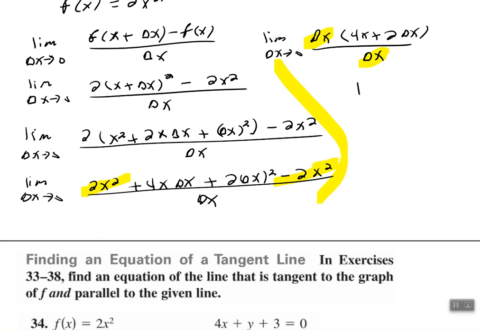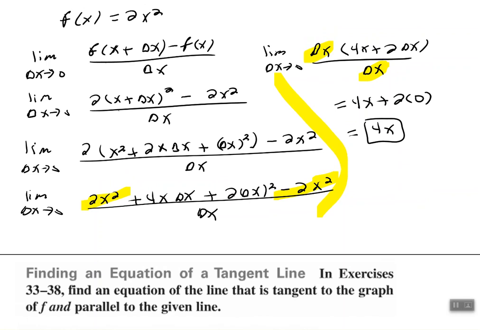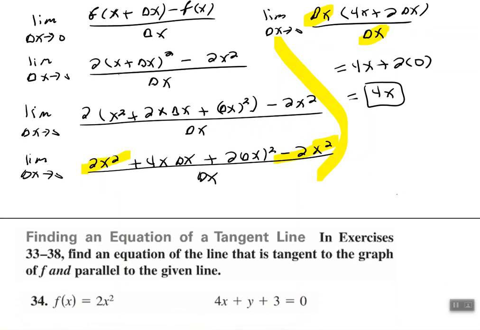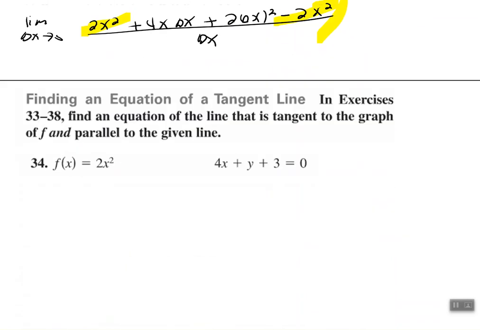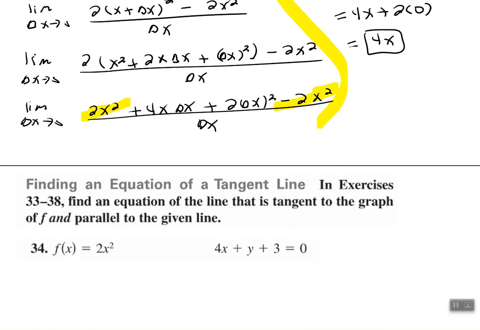So I have 4x plus 2 times 0, which equals 4x. Okay, so the slope of f of x, or the derivative of f of x, equals 2x squared is simply 4x.